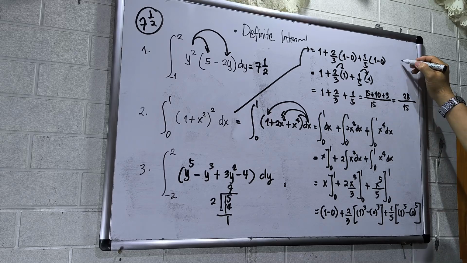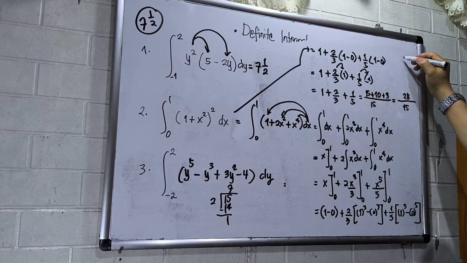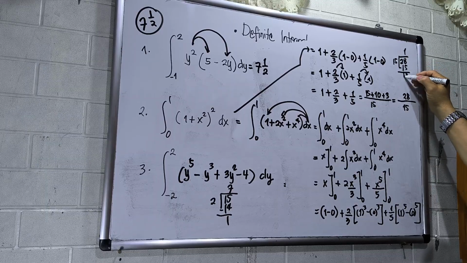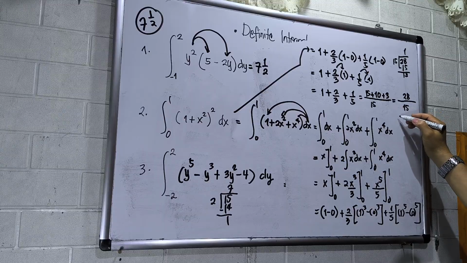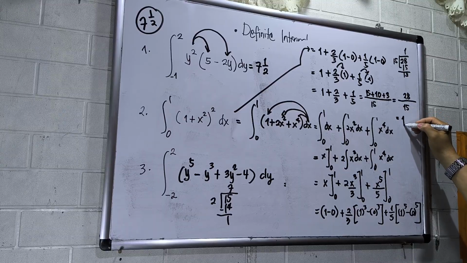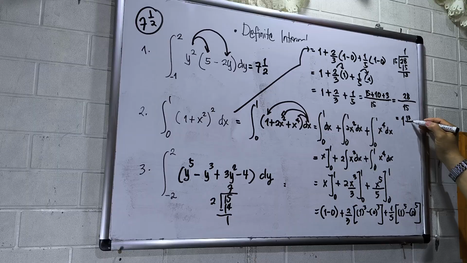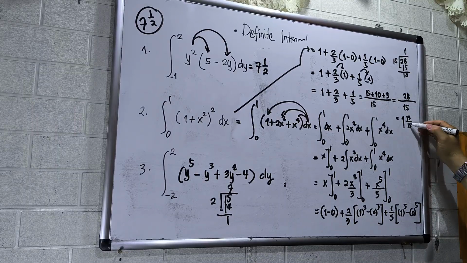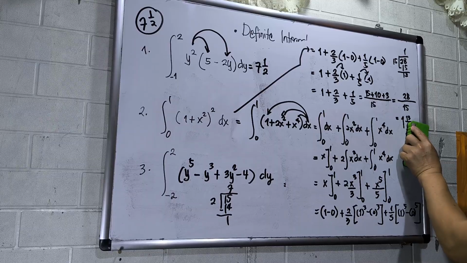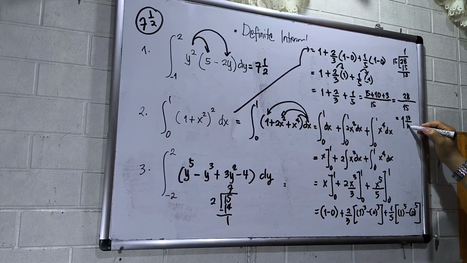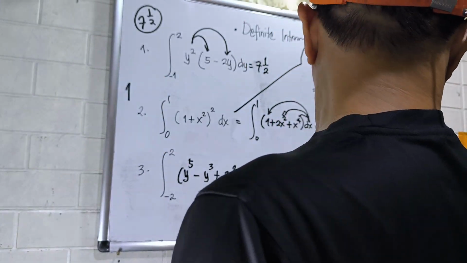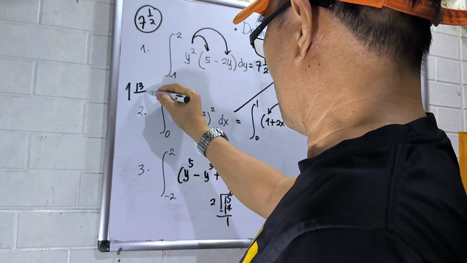So 28 is 1 and 13, so the answer is 1 and 13 over 15. Okay? This is 13, this is 15, 13 over 15.